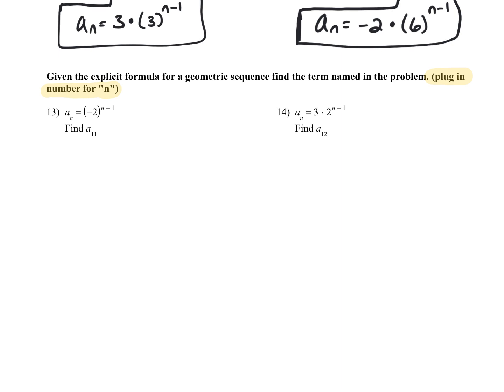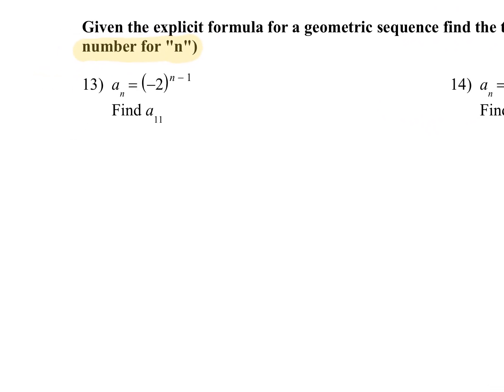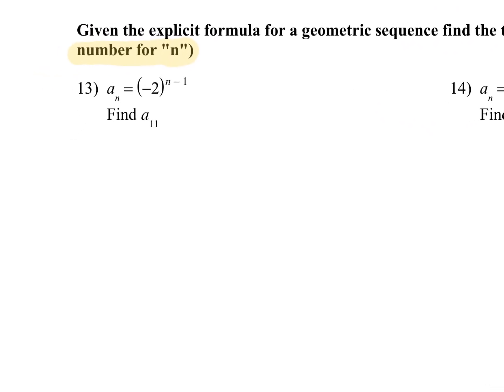Here's the issue. It's not just doing algebra now, because you've got exponents and you're going to have to move some stuff. So I highly suggest that you use a calculator to help you out. As you look at this, I see that they tell us that we are looking for the 11th term because they're asking for a sub 11.